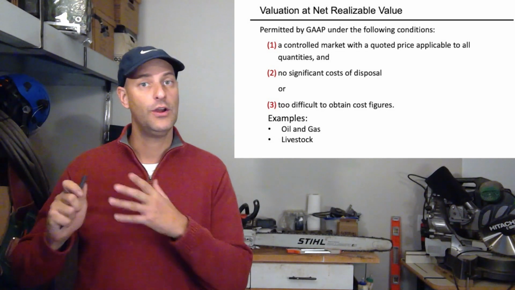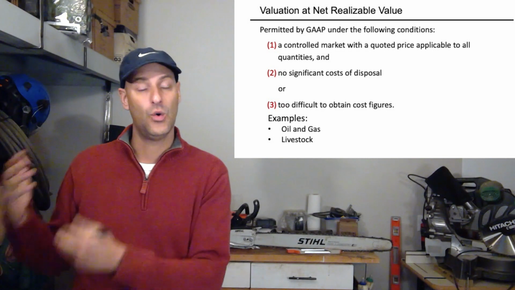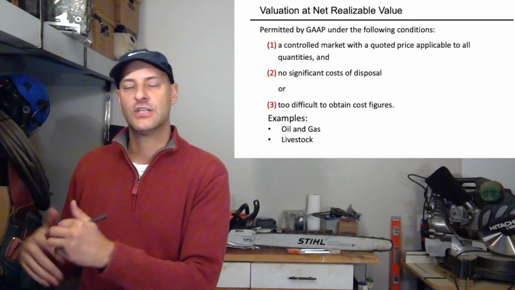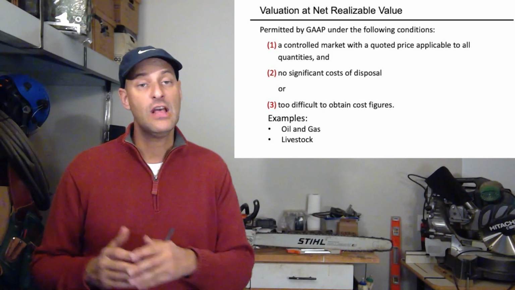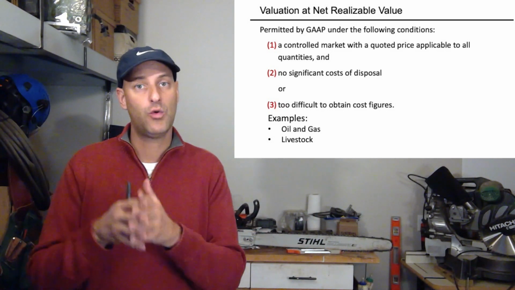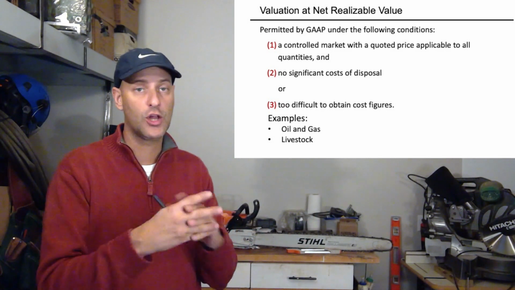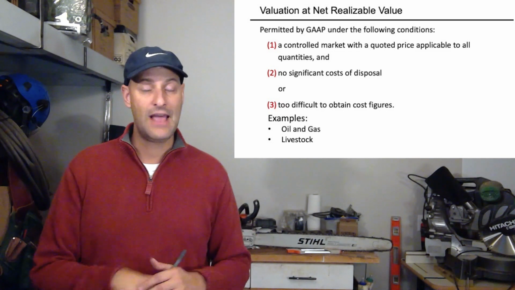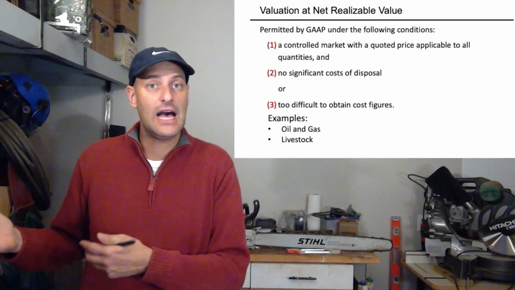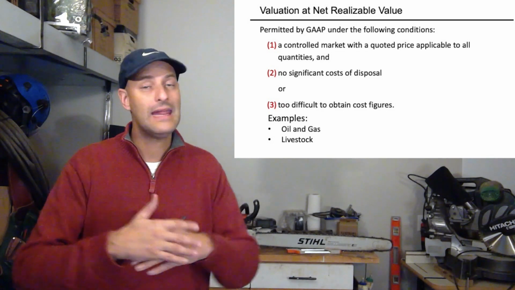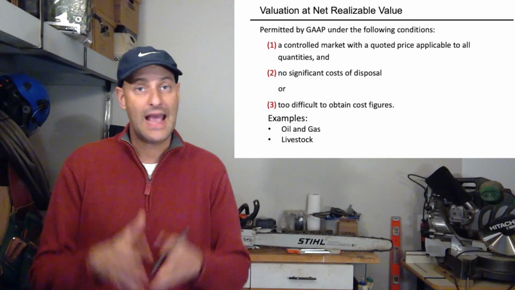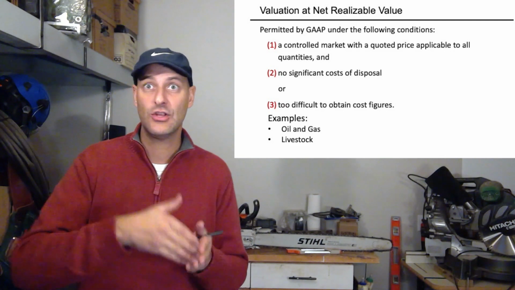For instance, in oil, once I have the oil and I use it to produce, say, unleaded and diesel and kerosene, well, there is a controlled market with a quoted market price applicable to all quantities. At that point in time, I can sell my unleaded gasoline into a market anytime I want. It has a quoted value that I can use.